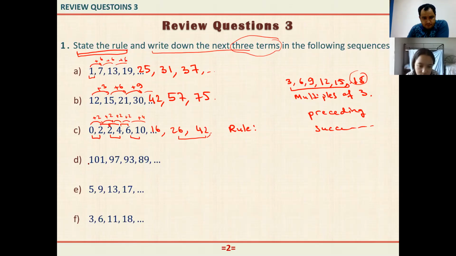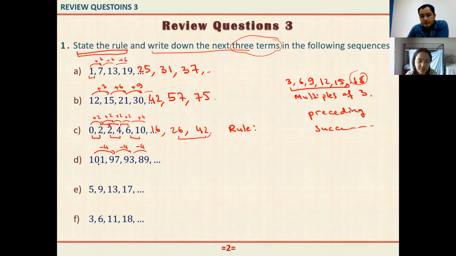Let's see. Now, what is the difference here? Minus 4. How about here? Minus 4. How about here? Minus 4 again. Good. It is constant. So can you state the rule for this number sequence?